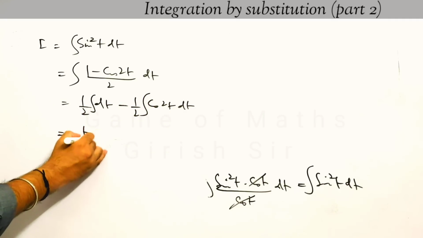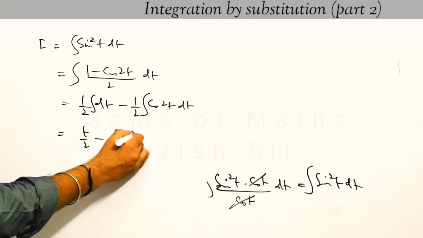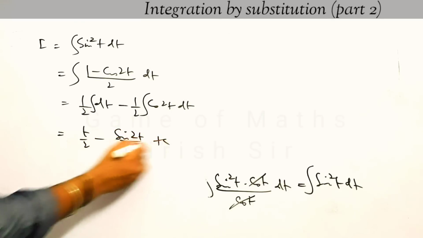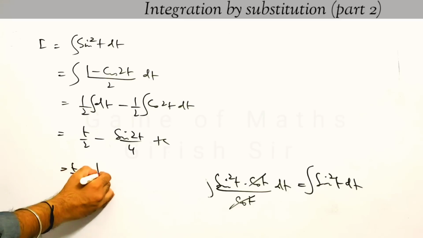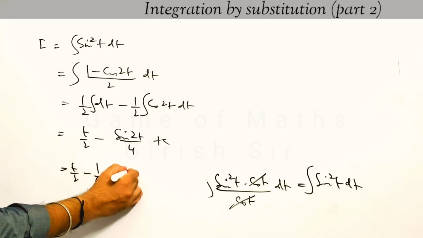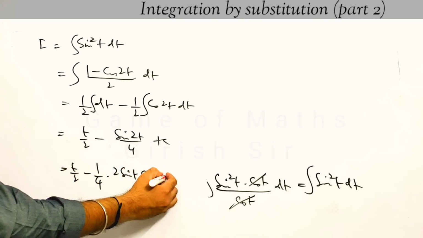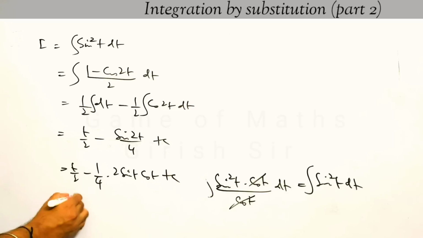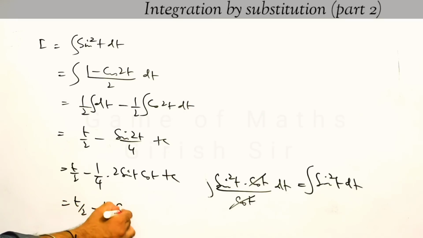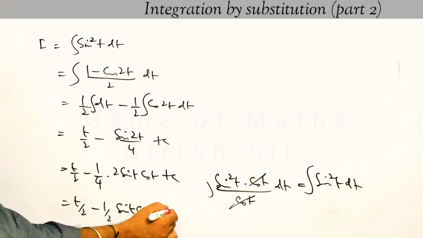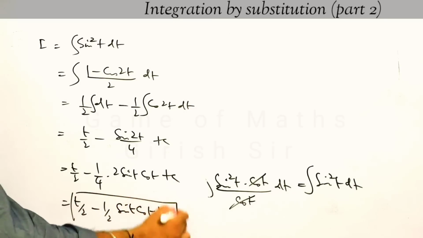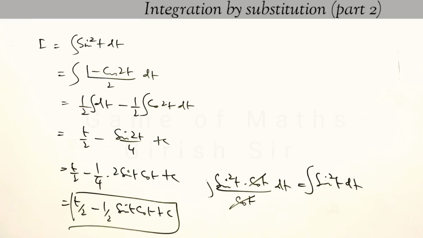This would be t by 2 and over here you get sine 2t by 4 plus c. Sine 2t could be written as 2 sine t cos t. So t by 2, this is what we have got. Now I'll have to put back t in terms of x.